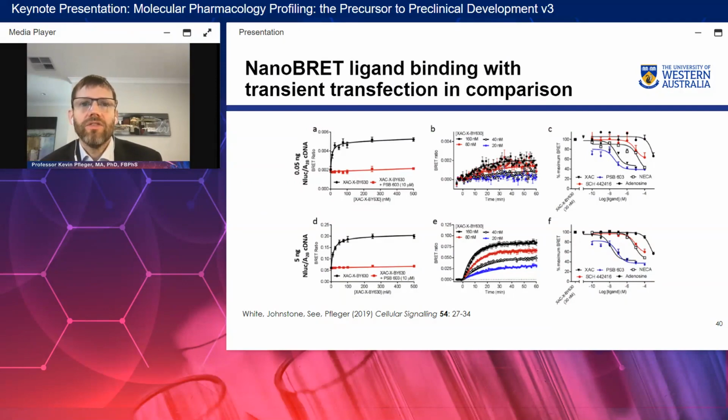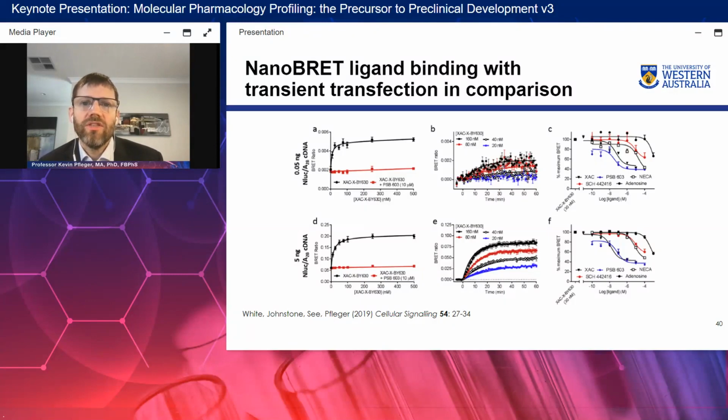If you compare that to what we would see in transient transfection, at the top panel here we have 0.05 nanograms. That still gives you a nice saturation, but the kinetics you can see are a little bit messy. And if you look at the concentration response curves, again, a little bit messy. Much, much cleaner, of course, with the 5 nanograms, with really nice data.